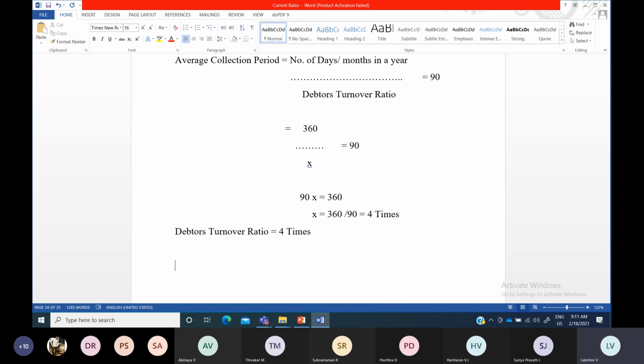How to calculate? Now I know the debtors turnover ratio as 4 times. So what is the formula for this debtors turnover ratio?